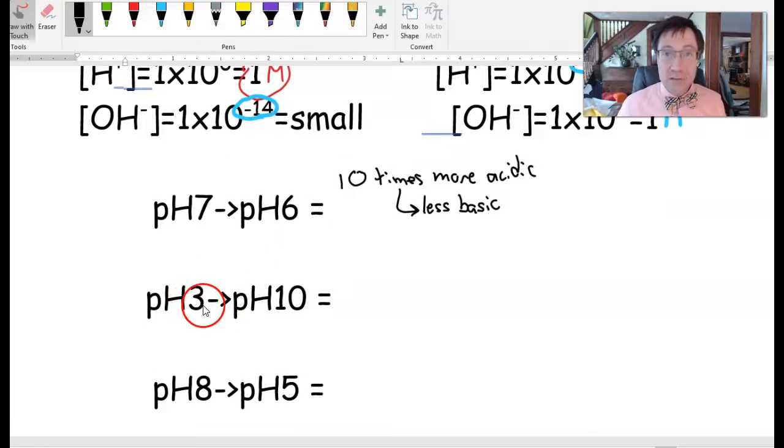Let's do the next one. Going from a pH of 3 to a pH of 10. Hold on a second. 3, 4, 5, 6, 7, 8, 9, 10. I'm going to need to write that down.